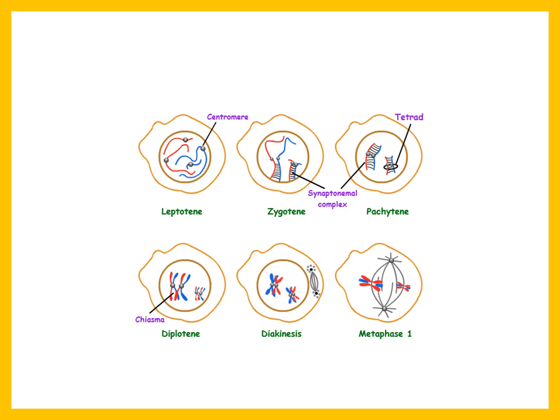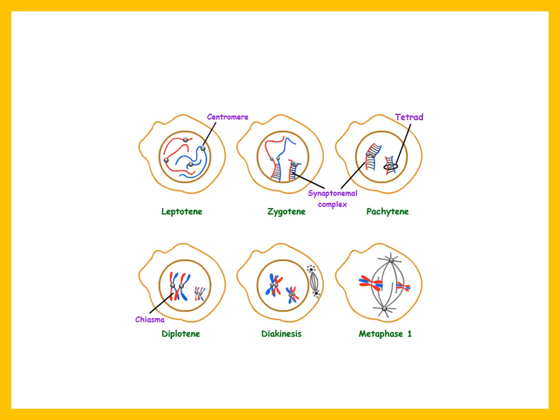Then, with the exchanged segments, in diakinesis the chromatids try to move apart. As they are moving apart, at one stage it terminates, so it is called terminalization. I hope you understand. That stage takes place in diakinesis.